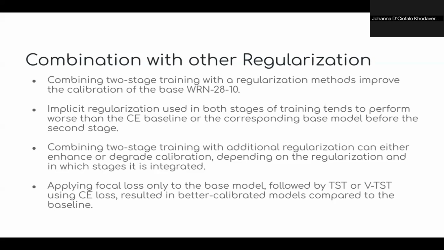Third, combining two-stage training with additional regularization can either enhance or degrade calibration, depending on the regularization and in which stages it's integrated. Lastly, applying focal loss only to the base model followed by TST or VTST using CE loss resulted in better calibrated models compared to the baseline.